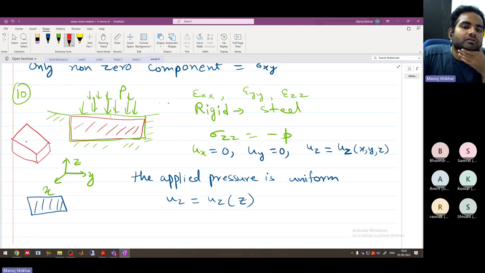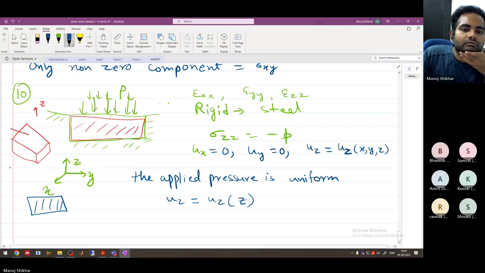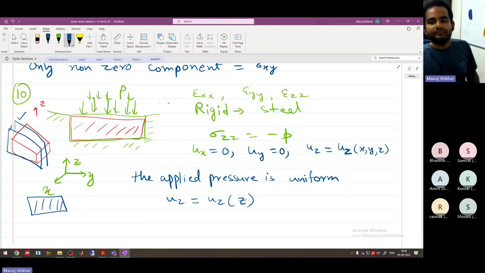This direction is Z. Now we are cutting it like this. So on these planes, we will have same UZ. Hence, UZ becomes the function of Z only.